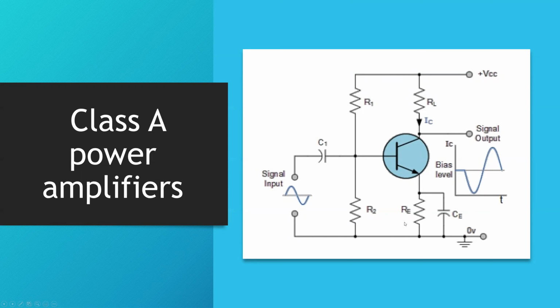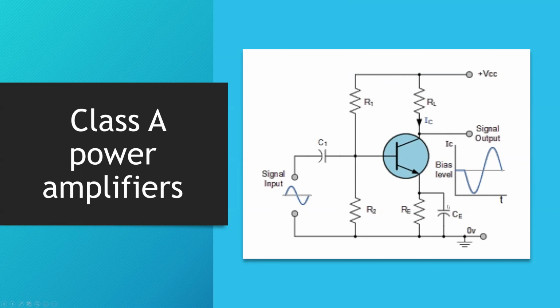These resistors, RL and RE, are also used for voltage biasing for the collector and emitter, and they also go in the equation of the voltage gain, since the voltage gain of this is about minus RL over RE.